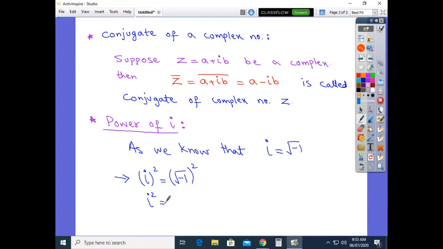After cancellation of the root with the square, it becomes only negative 1. Then we have iota square is equal to negative 1. The value of iota is square root of negative 1, and the value of iota square is negative 1.